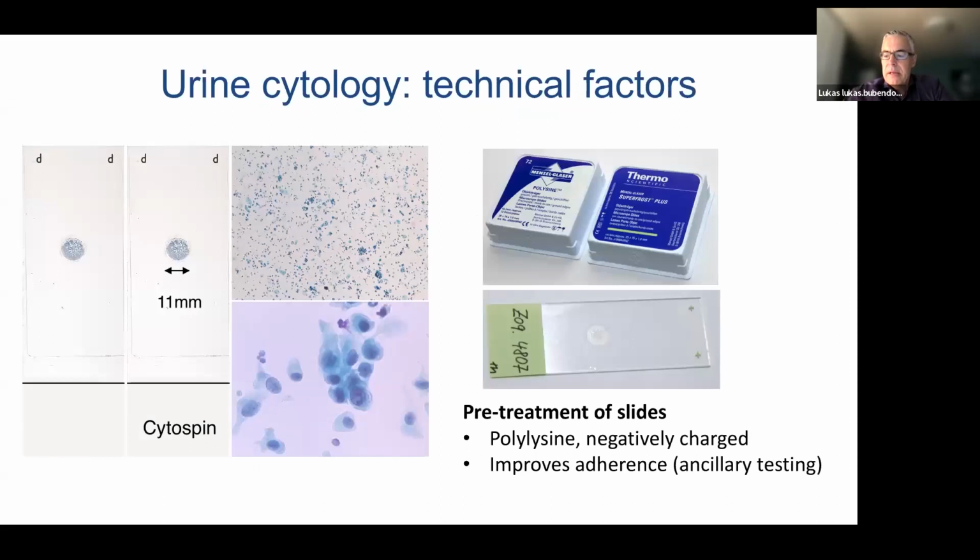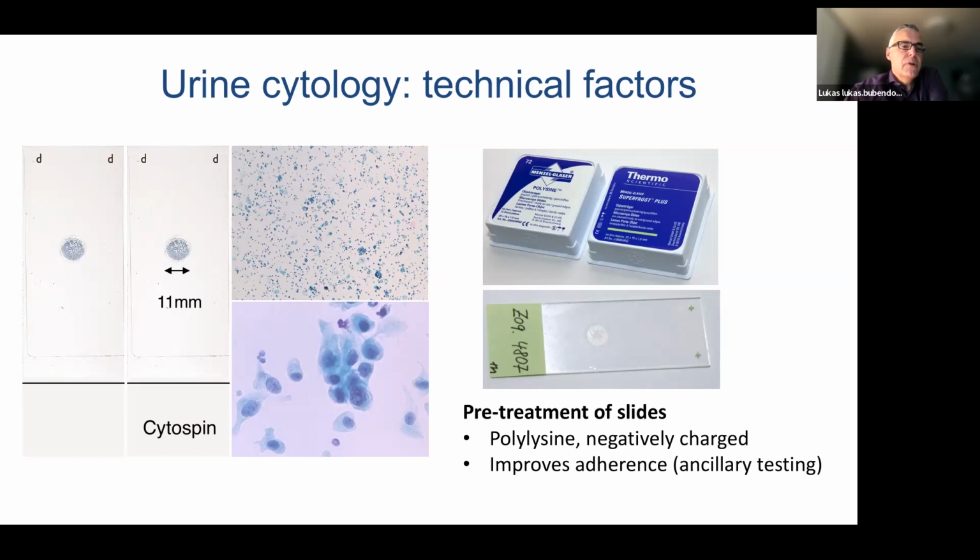Before we go to the actual aspects of the Paris system, I will spend a few words about technical factors, which are also mentioned in the Paris book, but which are recognizably important. So usually it's thought that one or two cytospin specimens are representative for a bladder washing and voided urine.